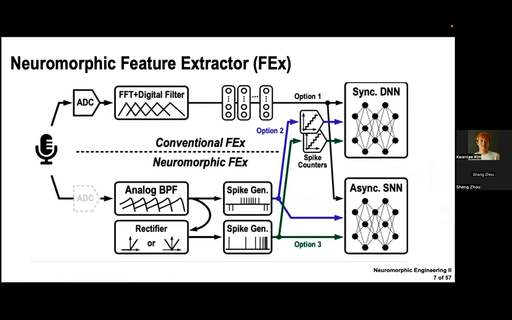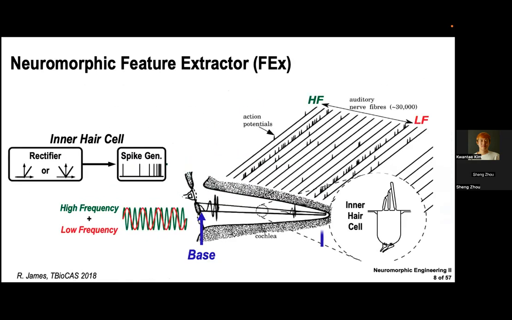Okay, then let's move on to the rectifier and spike generator. In our ear, as we have seen in the previous slide, we have the cochlea and base and apex points. And also the output of the cochlea is connected to the inner hair cell. So this inner hair cell is generating spikes, which is the action potential shown here. This inner hair cell has a rectifying functionality.